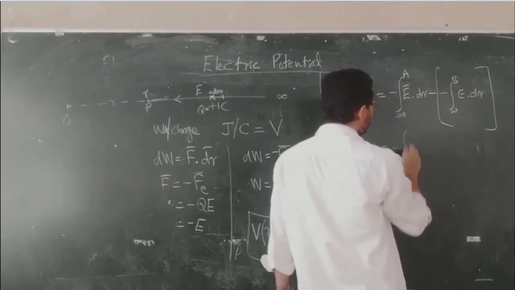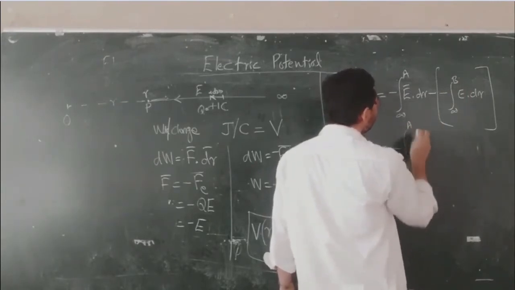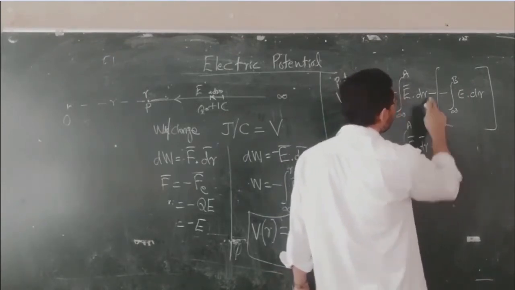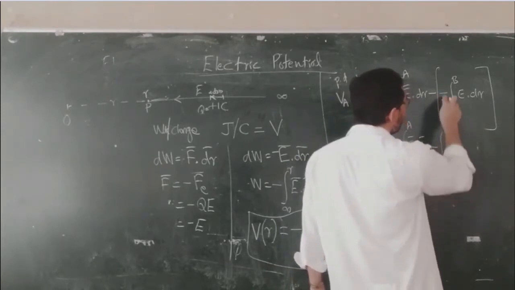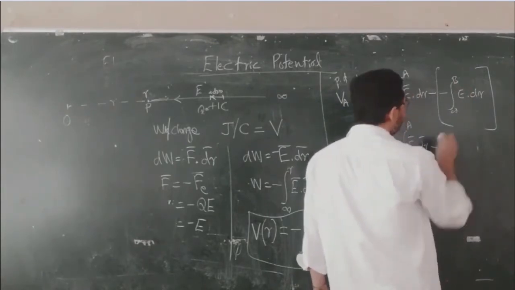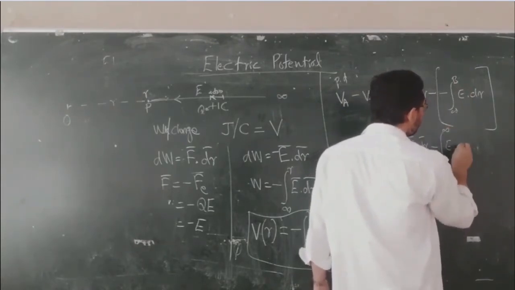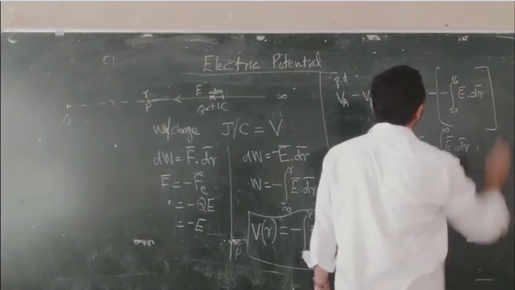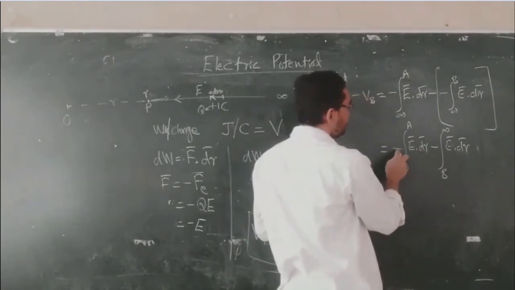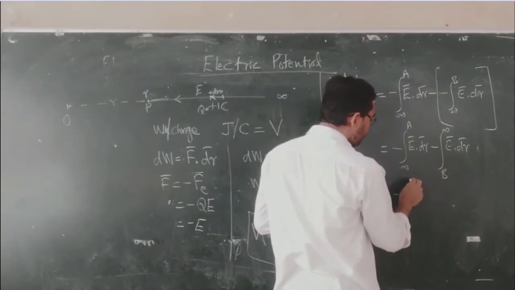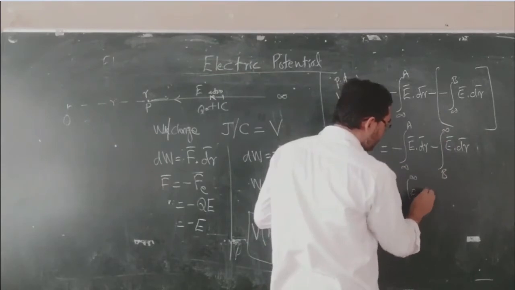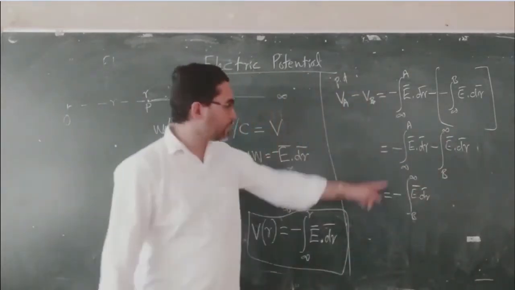So we can write this as minus integral from infinity to A of E dot dr, minus, already there is a minus, and I am taking this minus into the limits of integration so that it becomes B to infinity of E dot dr. So that is equal to minus of, taking the minus outside, the integral from B to infinity of E dot dr.